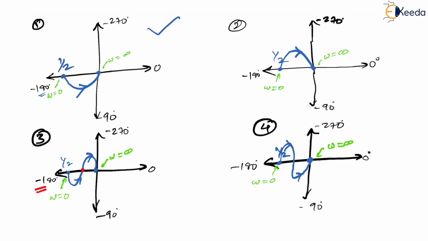Is there any other frequency apart from omega equal to 0 for which we have the angle to be minus 180 degrees? If there exists such a frequency, then either 3 is right or 4 is right, and we need to check again. But for the time being, let us apply that strategy. That is our strategy, right?